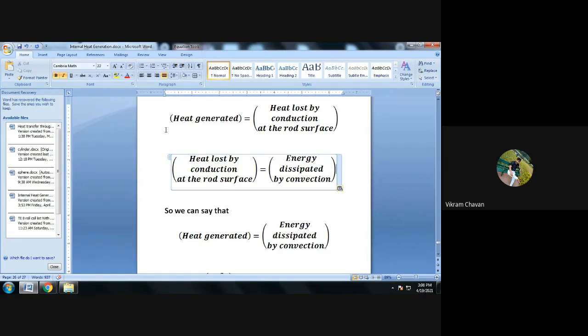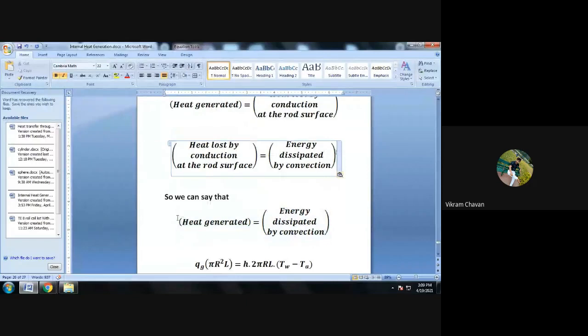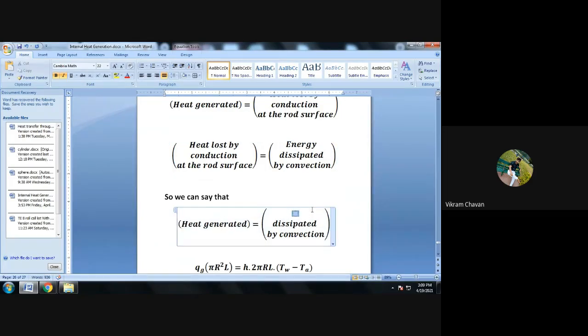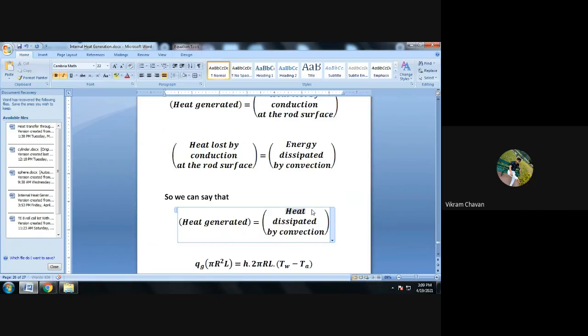So the heat generated is equal to the heat lost by conduction at the rod surface, and the heat lost by conduction at the rod surface is equal to the energy or heat dissipated by convection. So from these two equations, we can say that heat generated is equal to heat dissipated by convection. Here I will write heat dissipated here also.